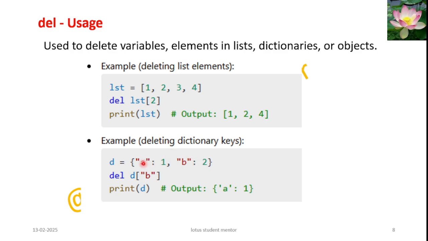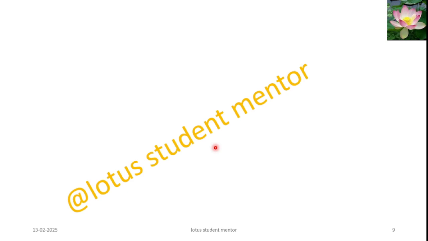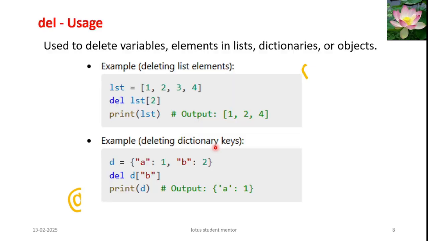What does the output become? {"a": 1}. In this manner we can delete objects. By using del we can delete variables, list elements, dictionary entries and objects.